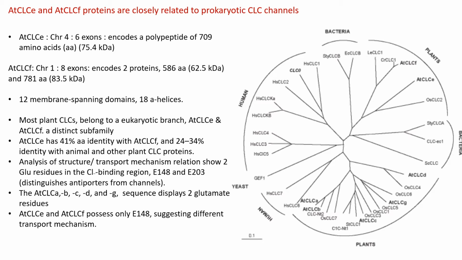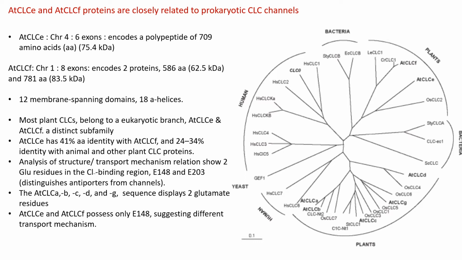If we look at the gene sequence and the protein sequence of ATCLCE and ATCLCF, we come to know that they are present on two different chromosomes. ATCLCE is present on chromosome 4 and ATCLCF on chromosome 1. These proteins belong to higher plants, that is, the eukaryotic group.